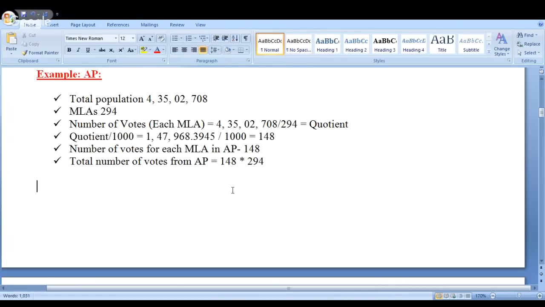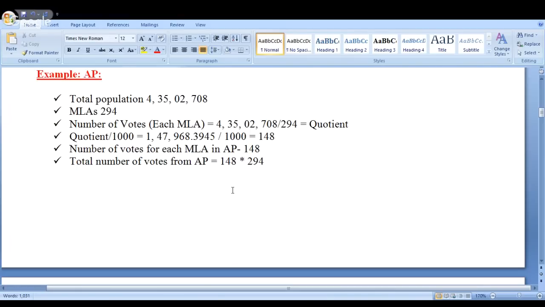You can look at the screen very clearly. The value you are getting is 148, meaning the vote value of one single MLA in Andhra Pradesh is 148.